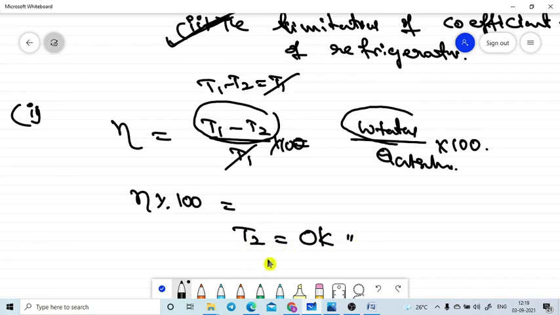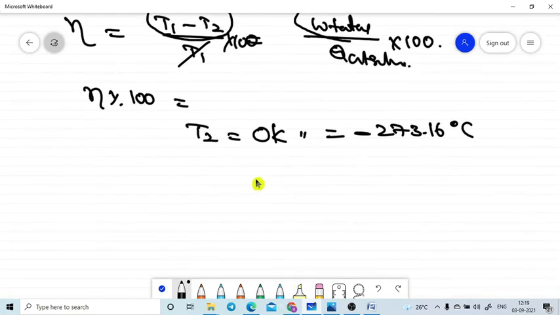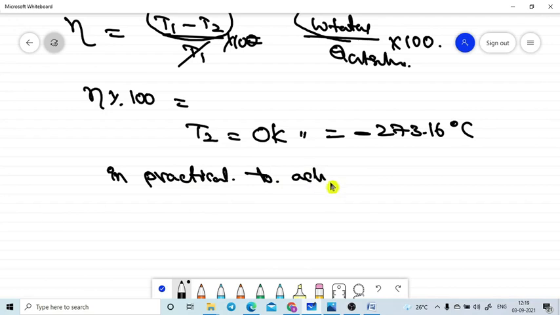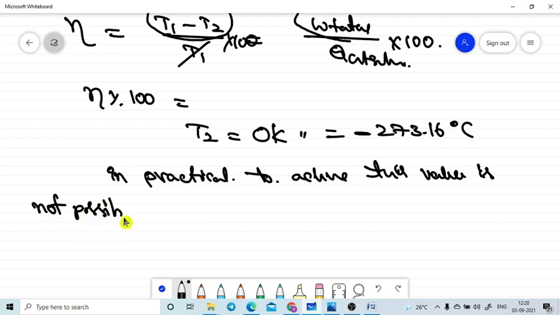So 0 Kelvin is minus 273.16 degrees Celsius. But this value is impractical; it is not possible to achieve it. So it is very important. In practice this temperature is impossible.